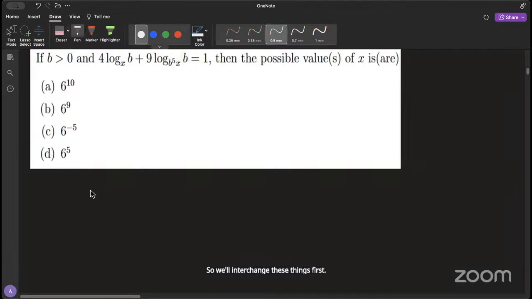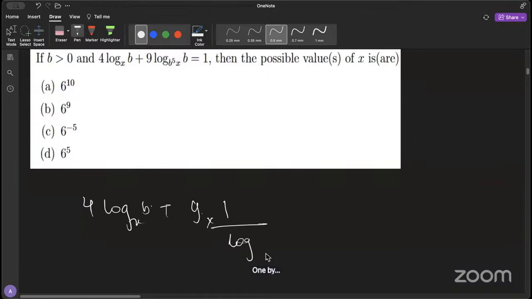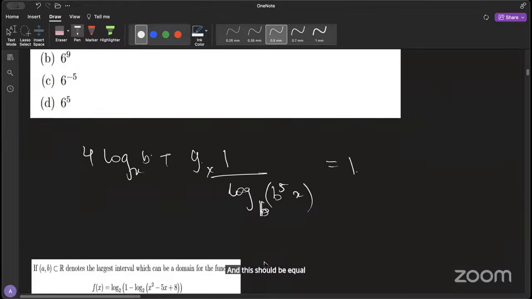This expression of ours will become 4 log x log base x b plus 9 times 1 by log base b to the power 5x, right? And this should be equal to 1.